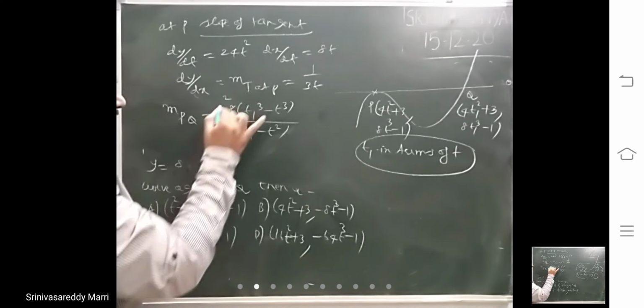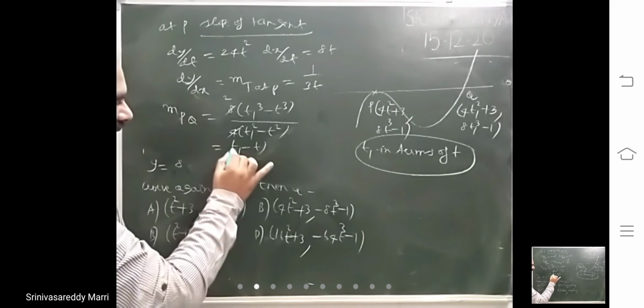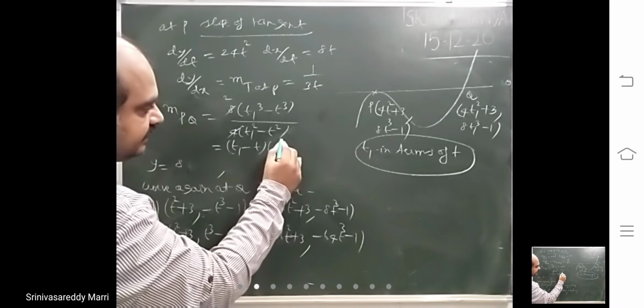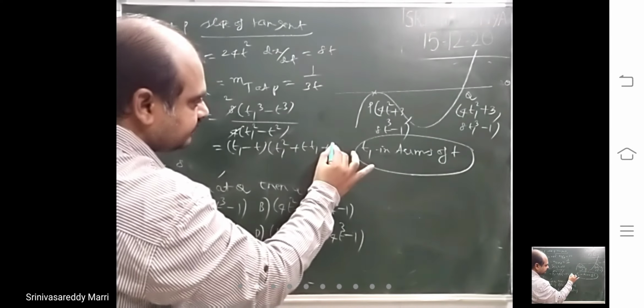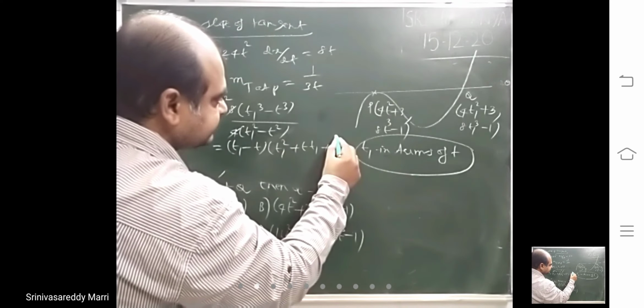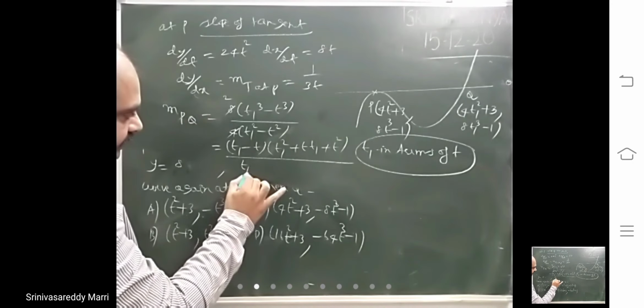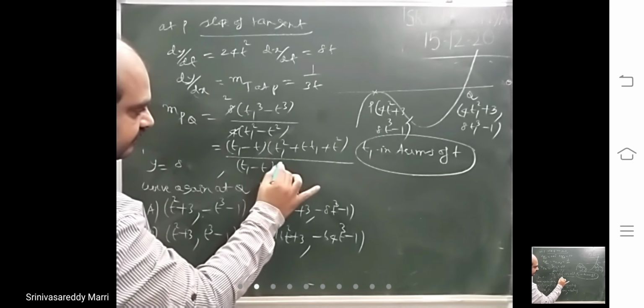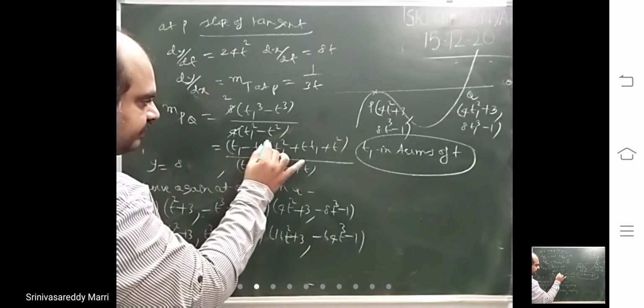This is nothing but a cube minus b cube, a minus b into a square plus ab plus b square, divided by t1 minus t into t1 plus t.